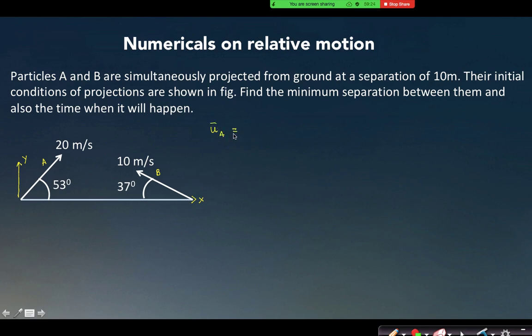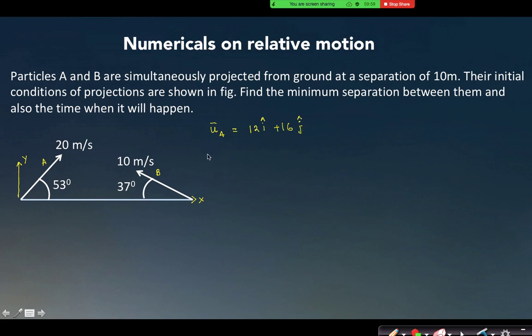Look how I am solving this question. Whenever you have some relative motion, there is another way of finding the relative terms. You can always take the components of the vectors and write them in common unit vectors, so that the addition or subtraction will be much easier. Suppose I have to write UA. So 20, if I break the components, then it will be 12 i cap plus 16 j cap.